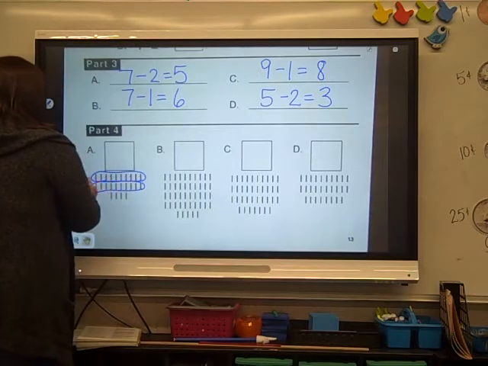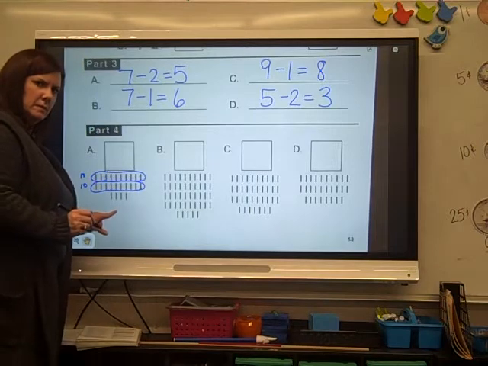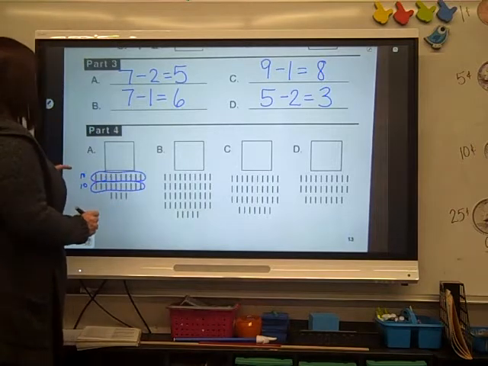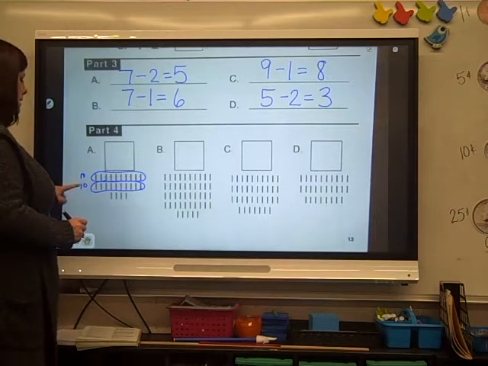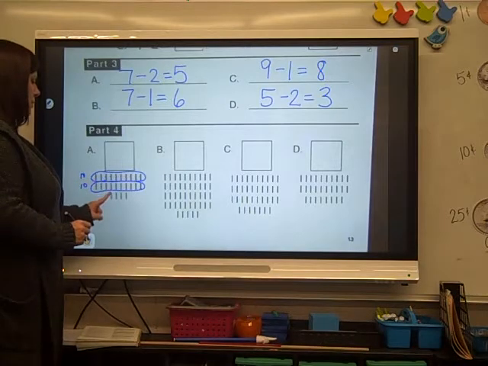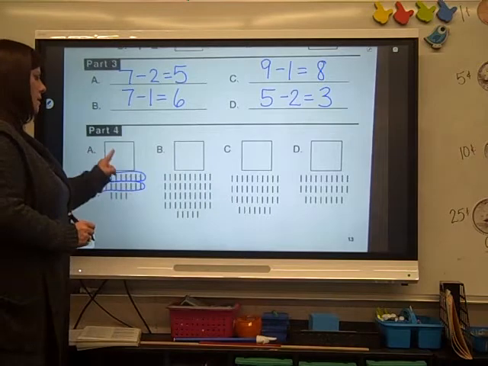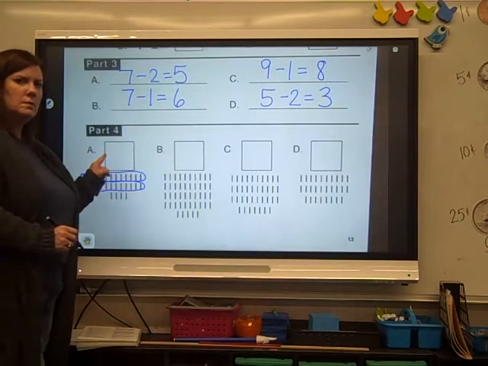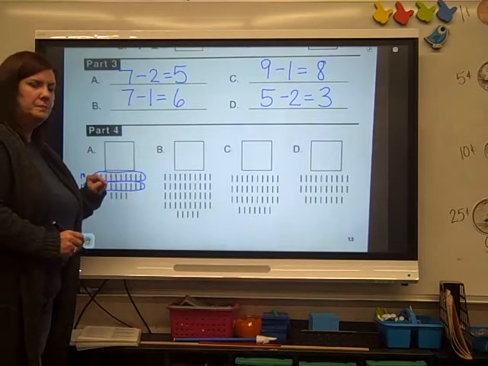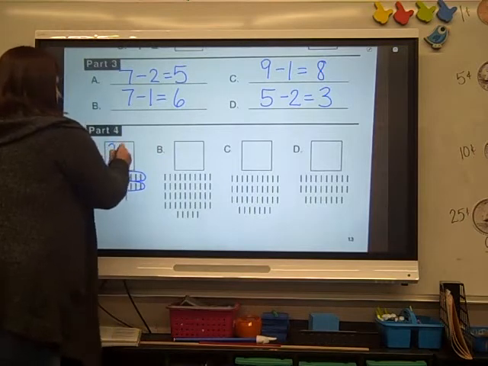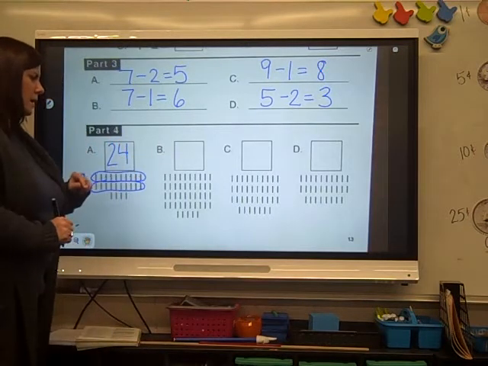So that's a row of 10. Is that a row of 10? Nope. So let's count. Ready? 10, 20, 21, 22, 23, 24. Can you write 24? 24.